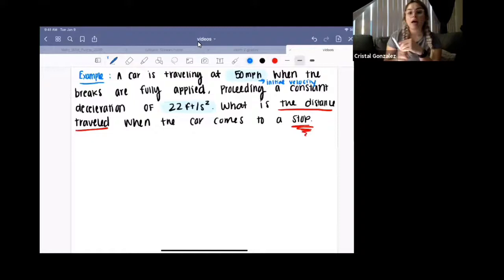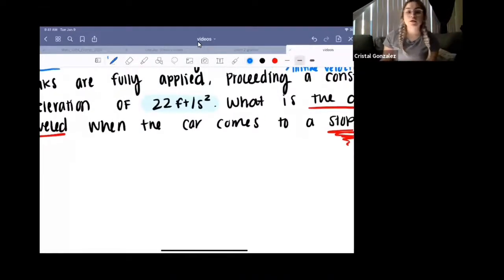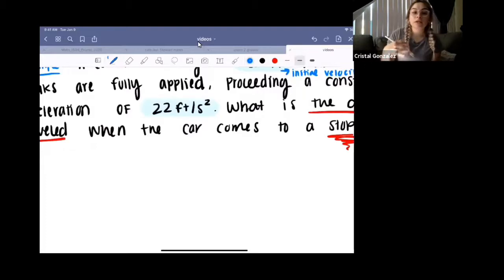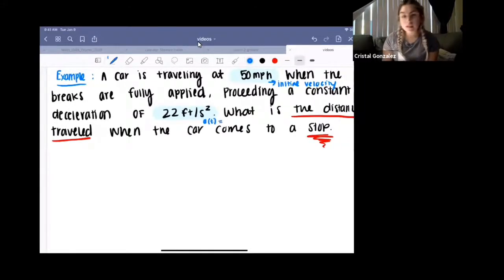Okay. And then the brakes are fully applied, so that means it's going to start decelerating at 22 feet per second squared. Here where it's a deceleration, what comes to mind for me is the acceleration function. So this is going to be a of t, and we are going to set this equal to -22.